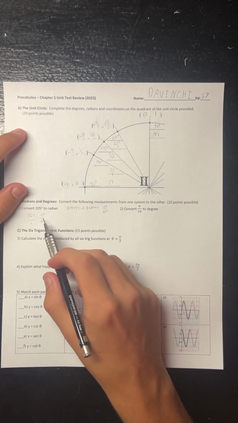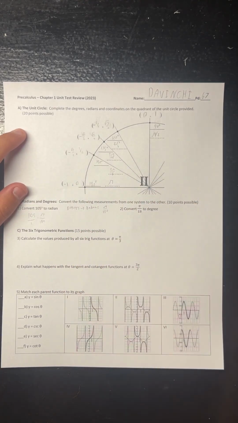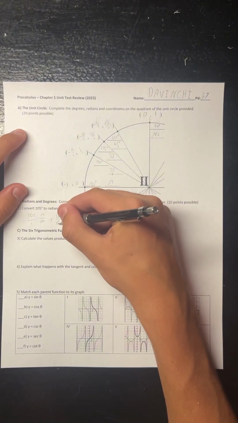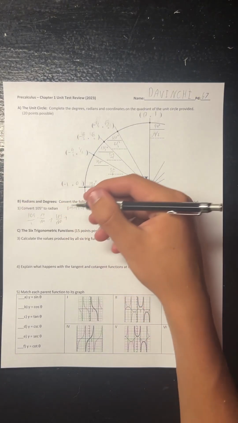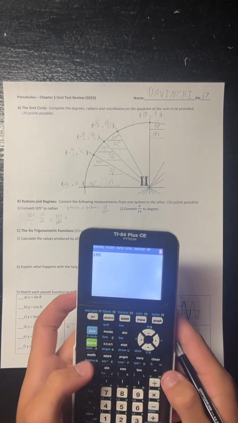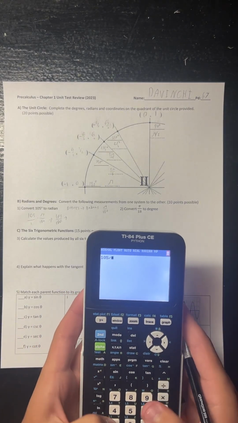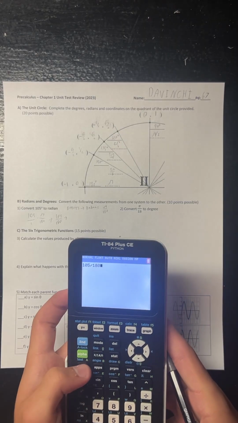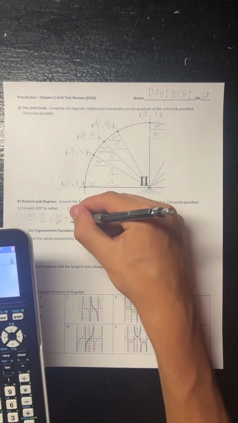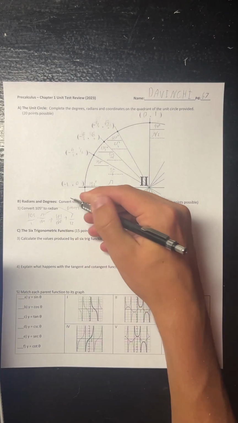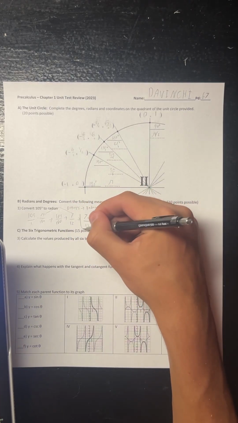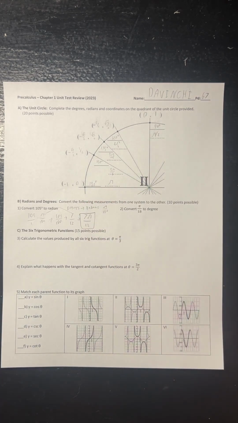We can make this simpler by just removing the pi and then adding it at the end. So this becomes 105 over 180, and then we can use math frac. We get 7 over 12, and we can just add that pi right back in. So this becomes 7 pi over 12. That is the radians of 105 degrees.